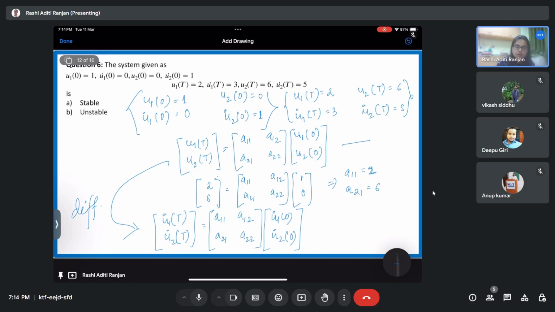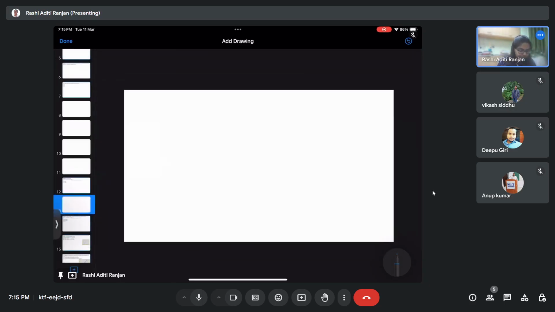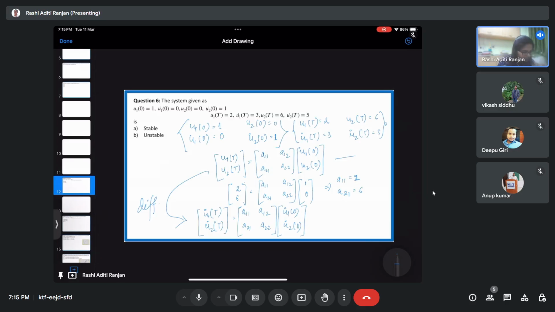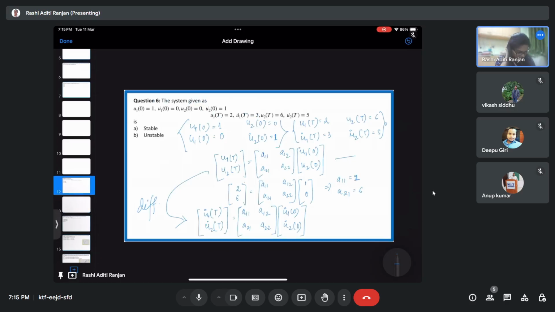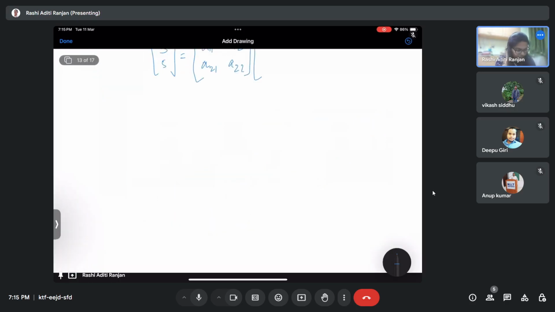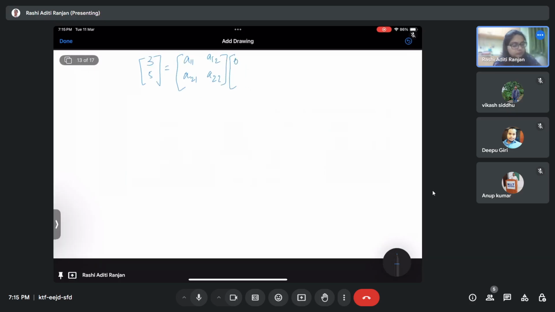So when we differentiate, they are treated as constants and will remain as they are. Now when we put in the values, we have 3 and 5, and 0 and 1. So from here, we get A12 is equal to 3 and A22 is equal to 1.